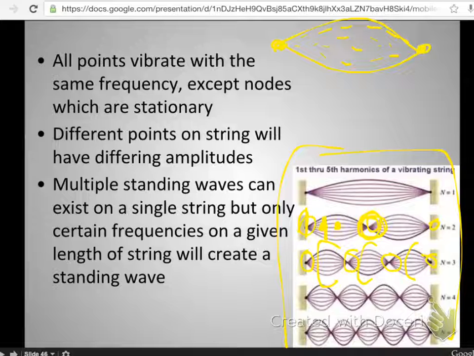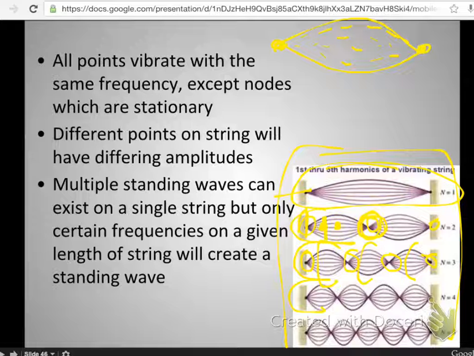Now for a pipe or a string of a given length, the fundamental frequency is the one that you usually hear, but then you'll hear a combination of the others, these are called harmonics. So in any given instrument, the tone of every note is a combination of the fundamental frequency, which is the first harmonic, and what you hear is a blend of the undertones and overtones, which are the upper harmonics.